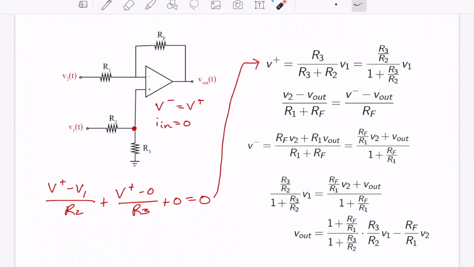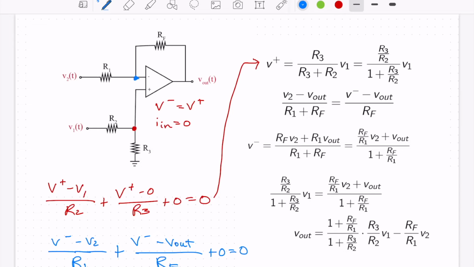The next thing we want to do is write the equation at this node. So we will get V minus V2 over R1 plus V minus V out over RF plus 0 equals 0.